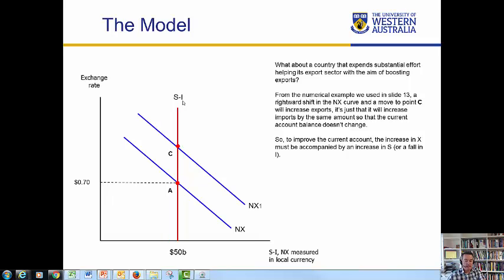But investment type spending, that I in S minus I, is not the only reason that people borrow money in an economy. People also borrow money for what I call debt financed consumption. That is consumption that households undertake that they borrow money for. Now, I'm not talking about things such as houses.